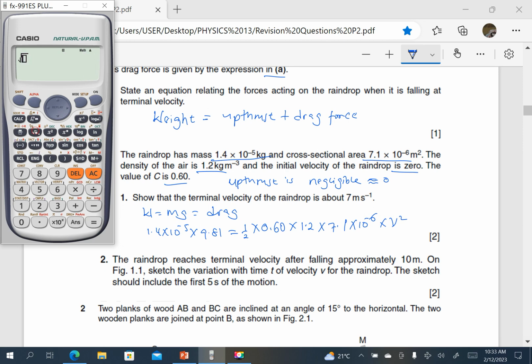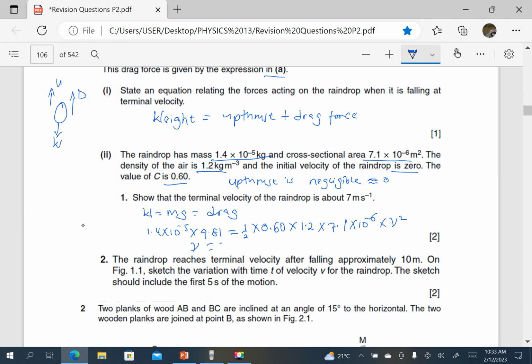Then I find the square root, which is 7.33, approximately 7. So v is 7.33 or approximately 7 meters per second as required.